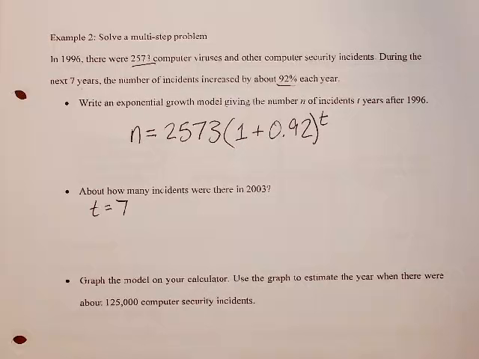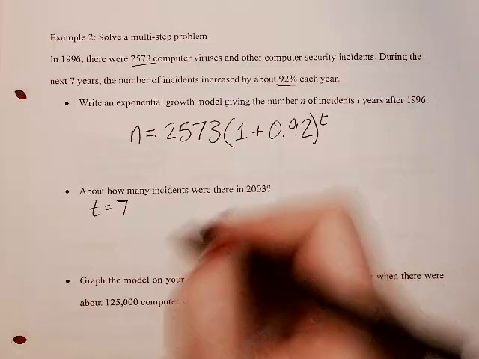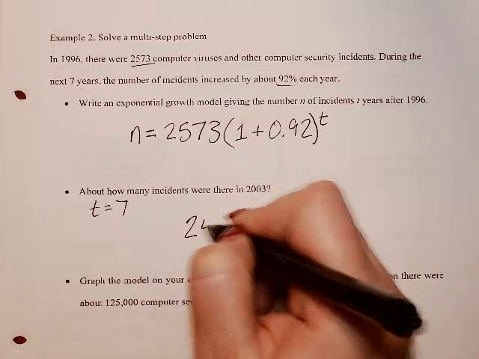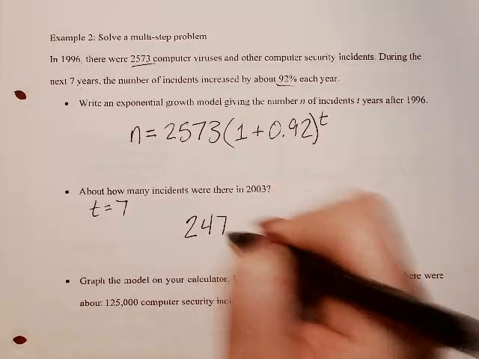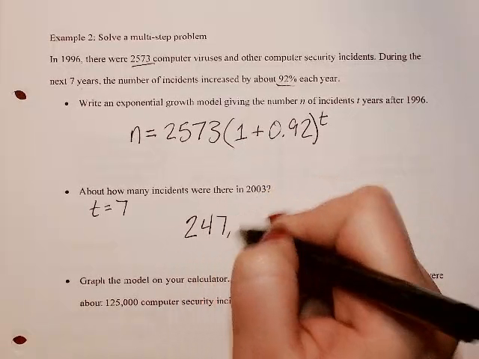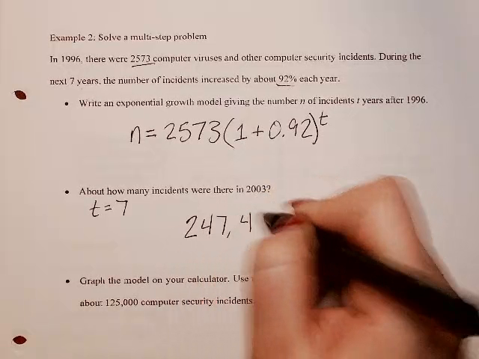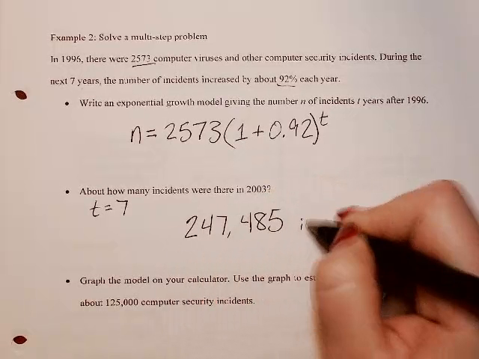So 2573 times 1 plus 0.92 to the 7th power. And we get 247,485 incidents if we round to the nearest incident.